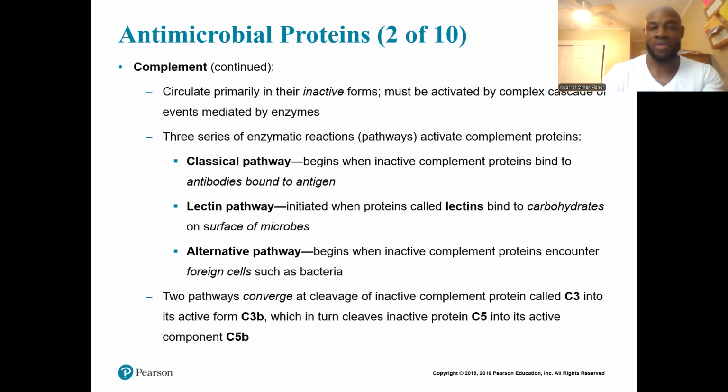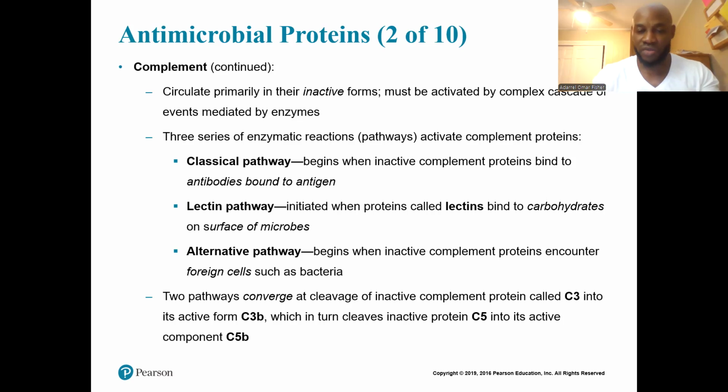We have a classical pathway: inactive complement proteins bind to antibodies bound to an antigen. A lectin pathway is initiated when proteins called lectins bind to carbohydrates on the surface of microbes. An alternative pathway: these inactive complement proteins in the blood plasma encounter foreign cells such as bacteria.